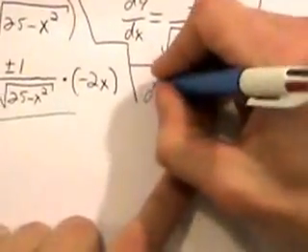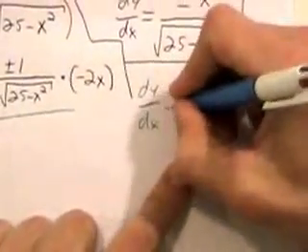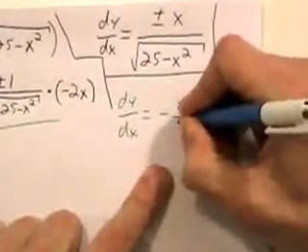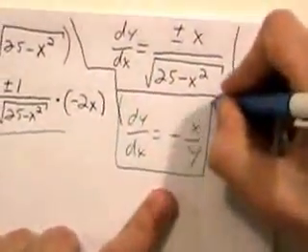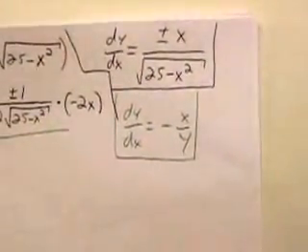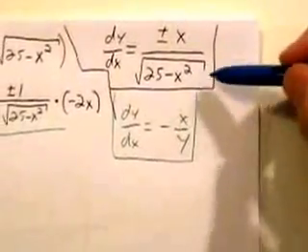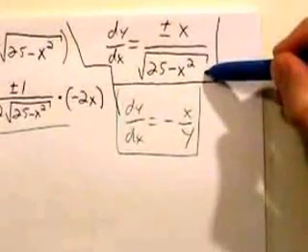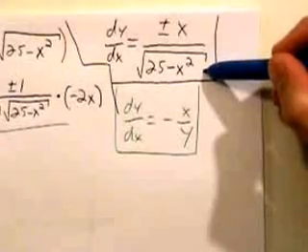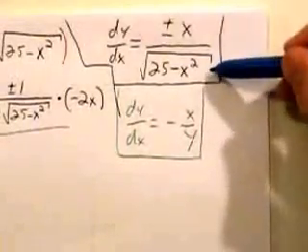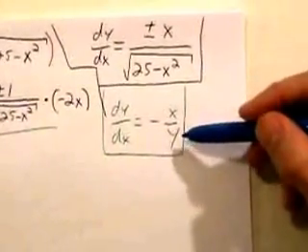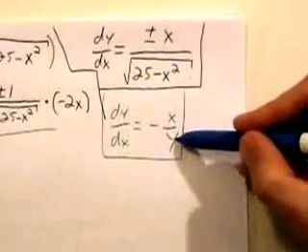What we got was dy dx was minus x over y. Now they don't look like they're the same, but they really are, because if you remember, this thing here is y. If you took y from the original expression and you isolated it, this is what you got. So when you do it implicitly, it shows up this way.